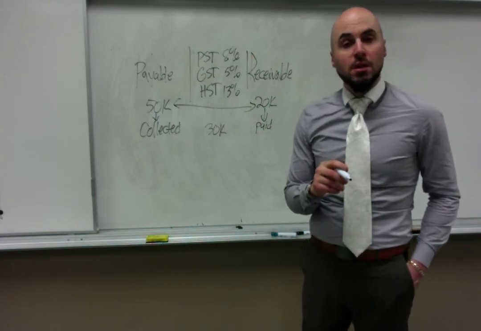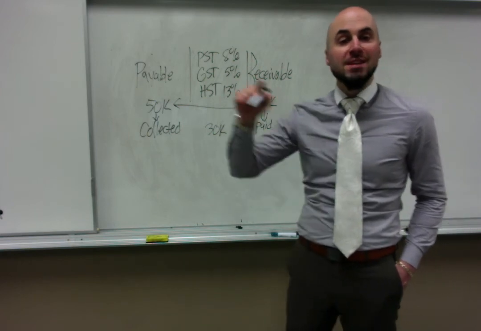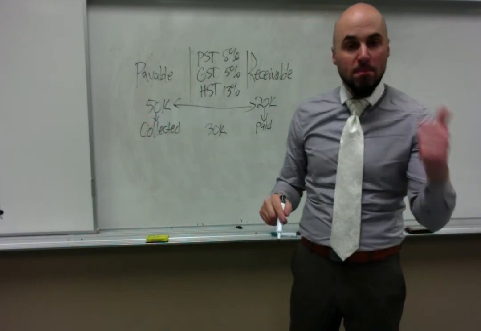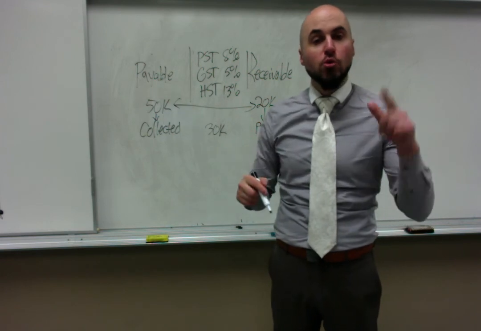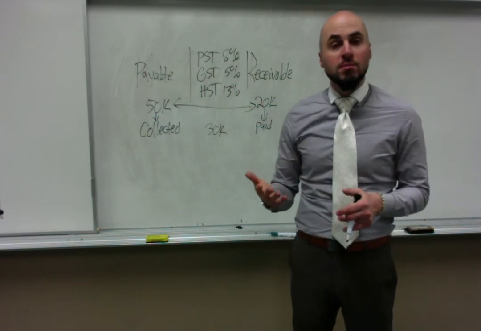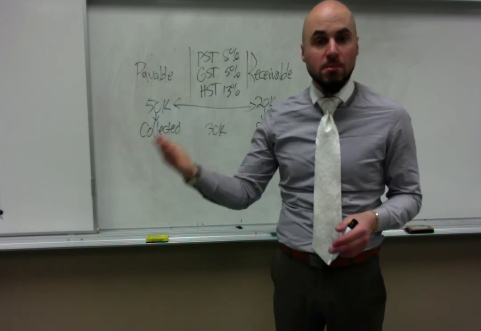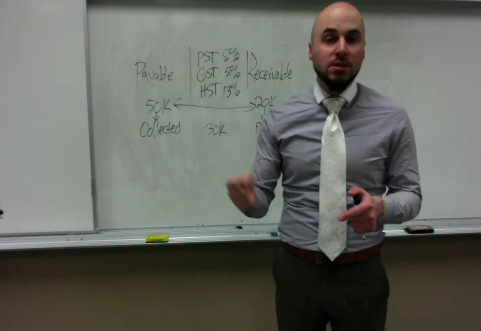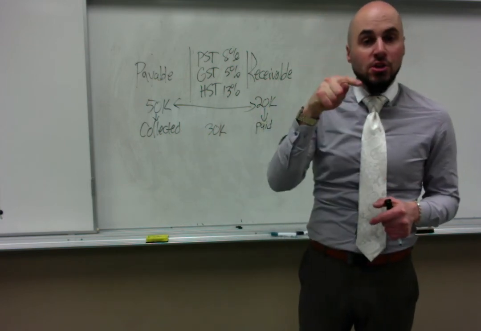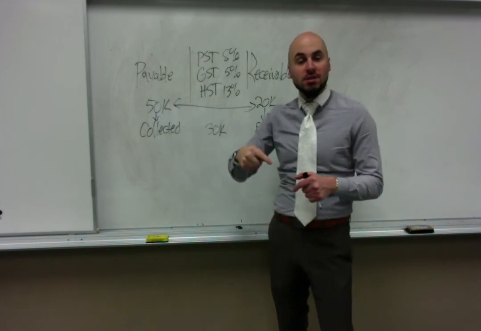That means it's going to have to be a remittance. It's either going to be a remittance that they will determine or a refund, as you might be familiar when you file your taxes. A remittance means that you have to pay the government back, Canada Revenue Agency back. A refund means that they have to pay you. And you have to pay them if you collected more in your business than you paid.